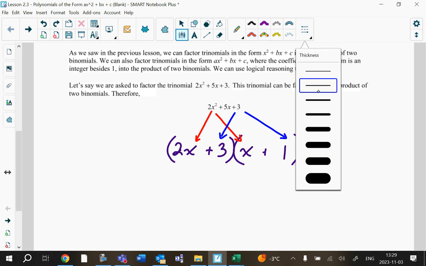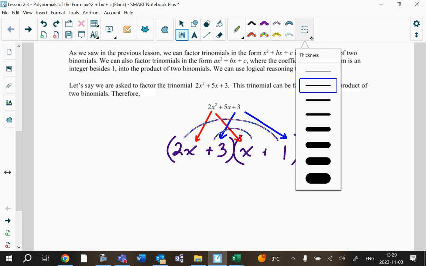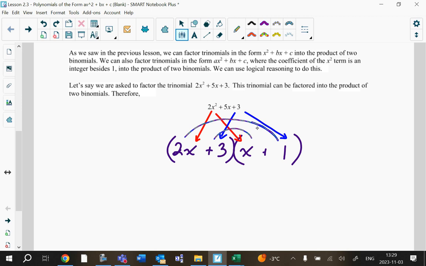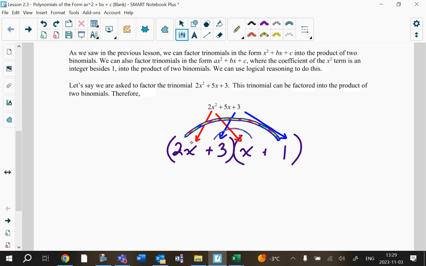So I'm going to multiply those two on the outside and inside. There's a nice little rainbow.